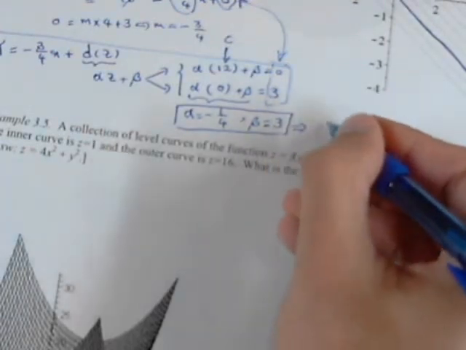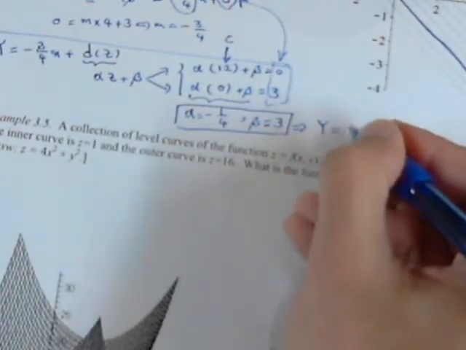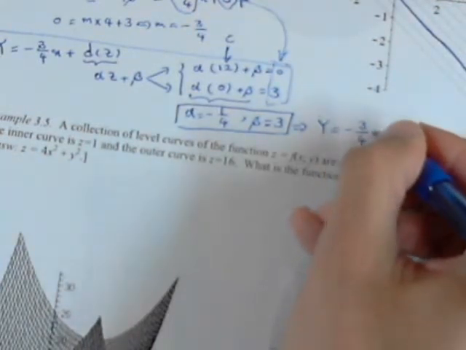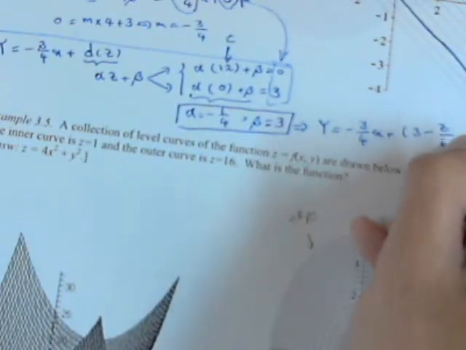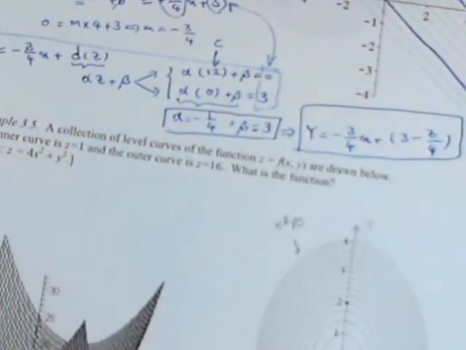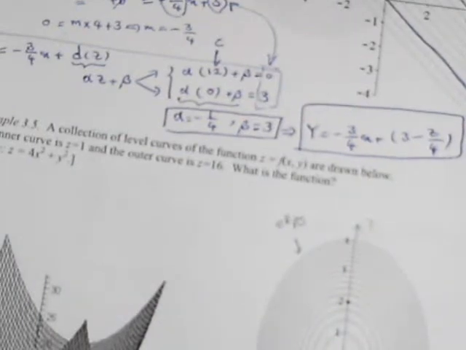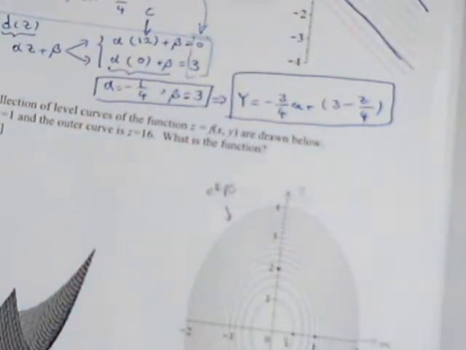That means that the original surface that I was looking for is actually a plane. The original surface that I was looking for was a plane.